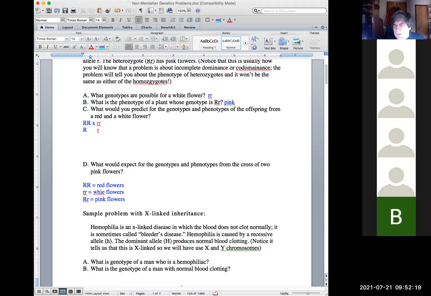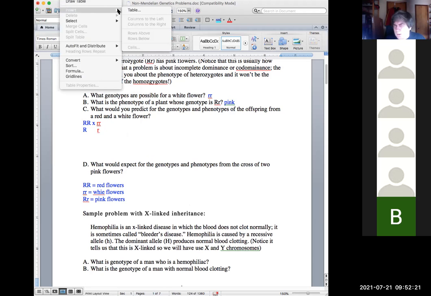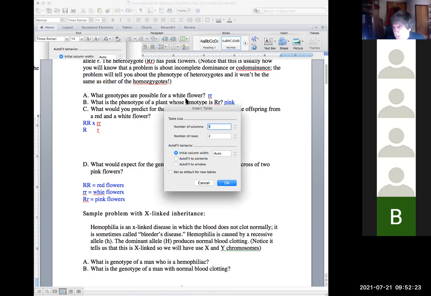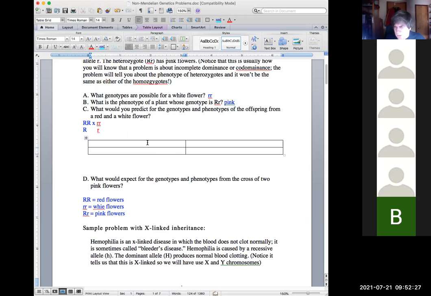Now remember what we said about our Punnett square. What we're going to do is we're going to basically make a square, and we're going to put all the different types of eggs that the female can make across here.